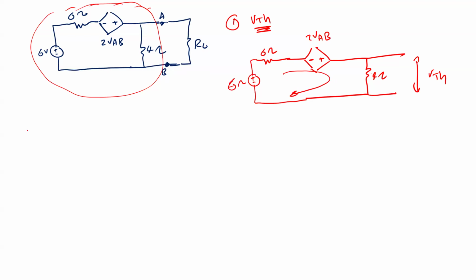So if I apply it, it should be -6 plus I times 6 ohm, where here's the current I, and then -2 VAB, plus 4I equal to 0.